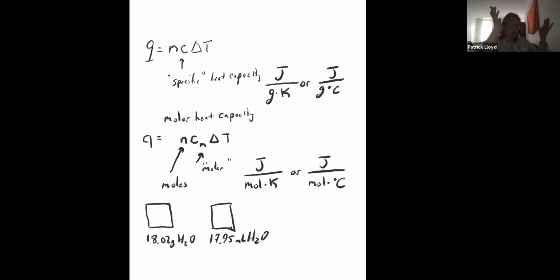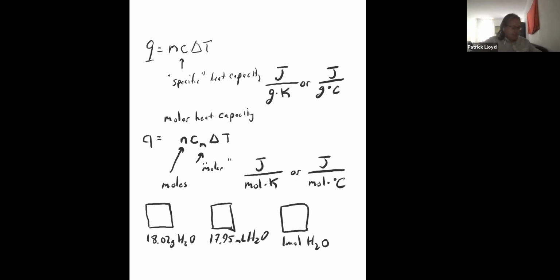So back, if you did the calibration of volumetric glassware, you looked at that table 5 and you had all those densities of water that were a little less than 1. Here you go. So that would be a different way to measure how much water we have, right? We could do mass, we could do volume, we could also do moles. I could also say this water is a mole of water, right?